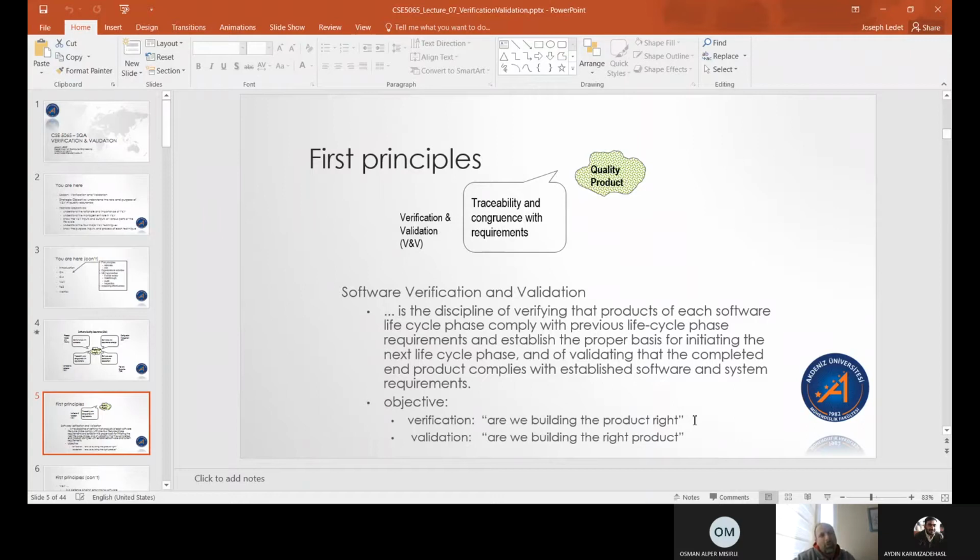Well, if our requirements are done improperly, if our requirements do not correctly identify the needs of the customers, then we may be able to verify the product. We may be able to verify that we built things correctly according to the requirements, but we'll have a harder time validating that what we built was the right thing for what they wanted.